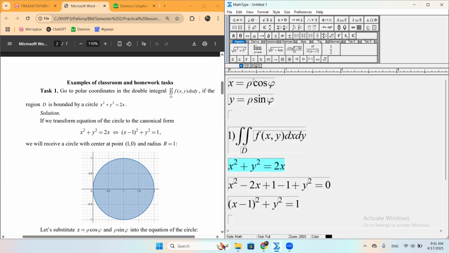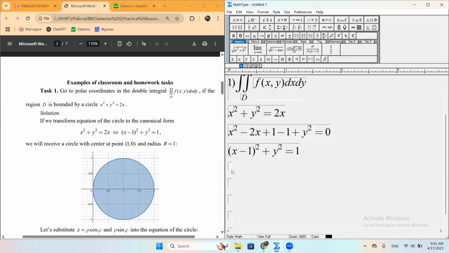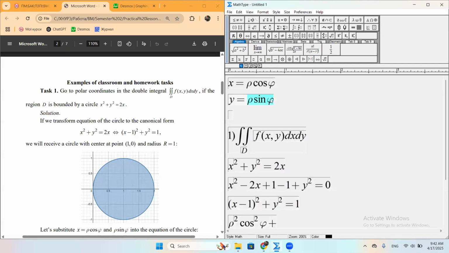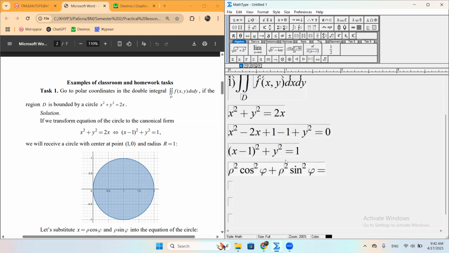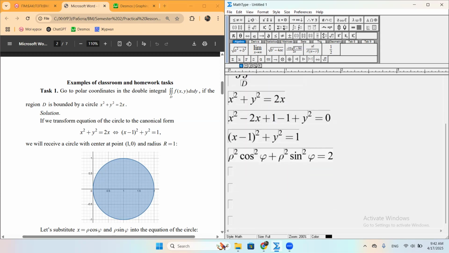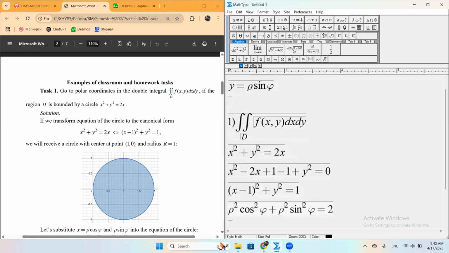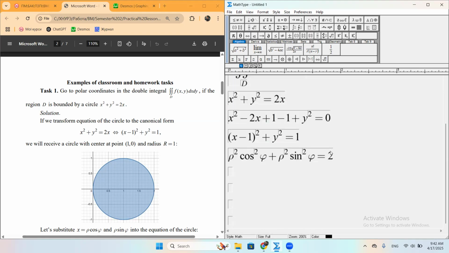So rho square cosine square of phi plus rho square sine square of phi equals 2 rho cosine of phi.